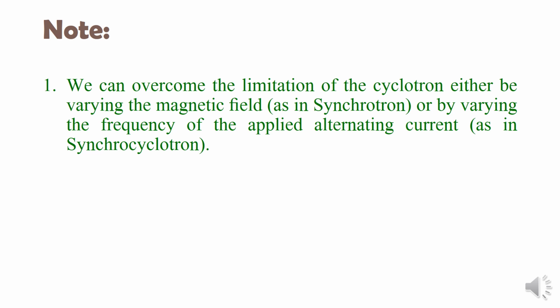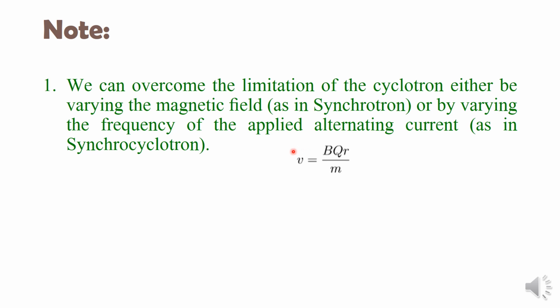Also, how to overcome this limitation? You look at the expression for the velocity. Now, the limitation of cyclotron can be overcome either by varying the magnetic field. So, I told that mass increases. Now, if you comparably increase the magnetic field also, then the velocity remains the same.